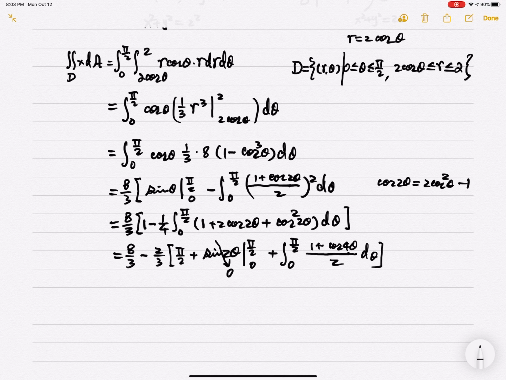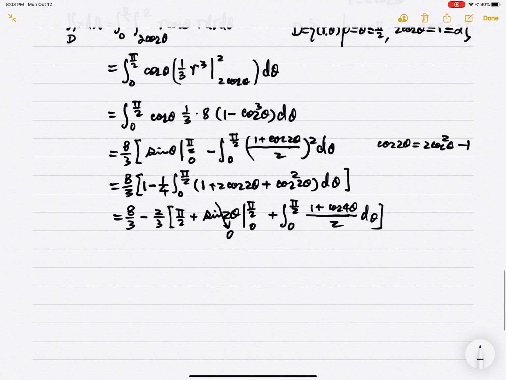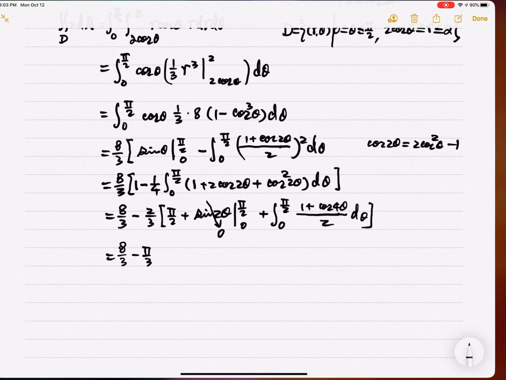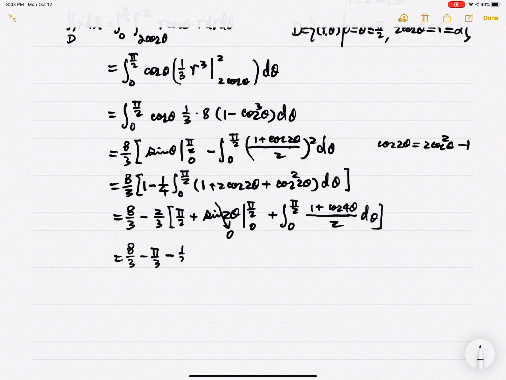So we have a third minus pi over 3, and then negative 2/3 times 1/2 moved out, so negative 1/3, times pi over 2.